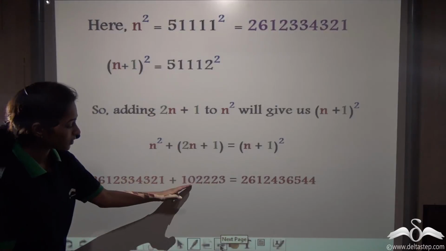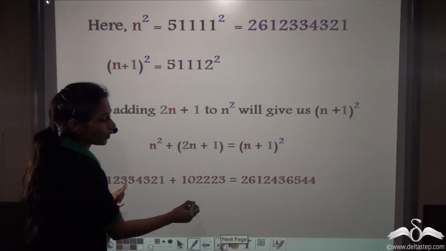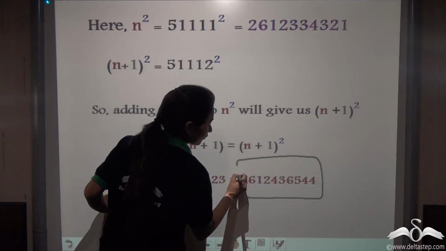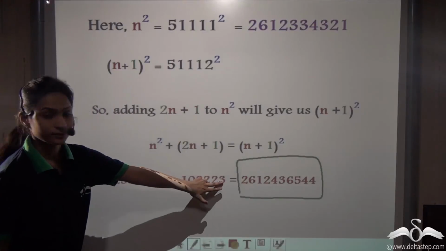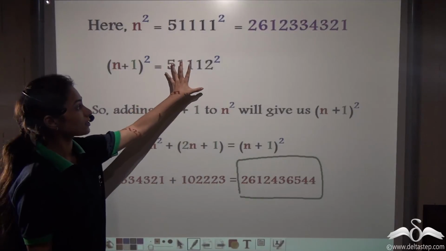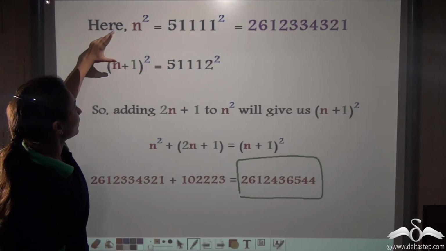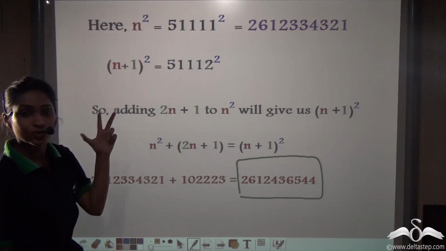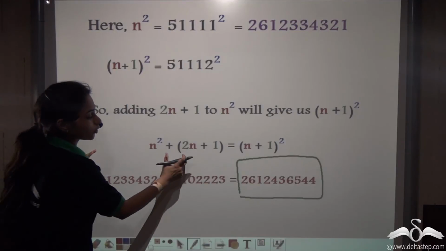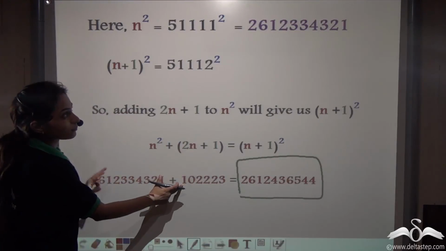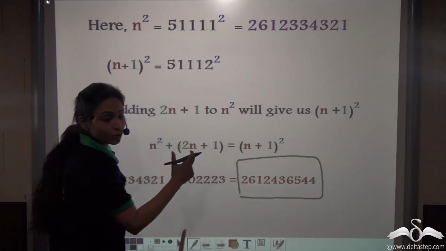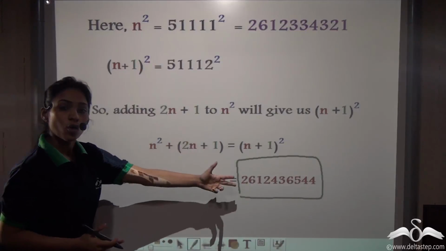So adding 2n plus 1 to this huge number, we get the answer of 51112 whole square. So you saw, instead of creating such a big multiplication, just find out the difference between n square and n plus 1 square, that is 2n plus 1. Just calculate 2n plus 1 and add that number with the square already given to you to find out n plus 1 whole square.